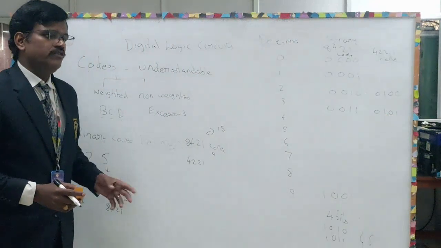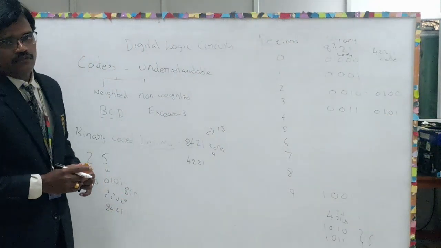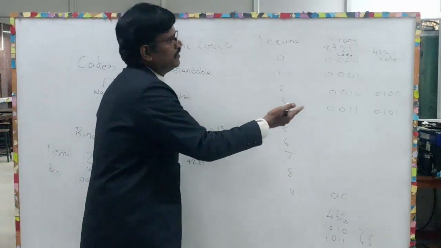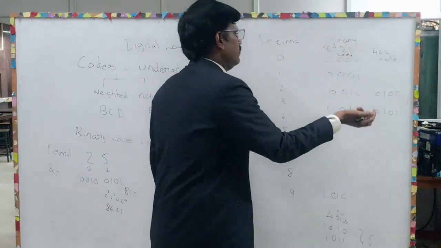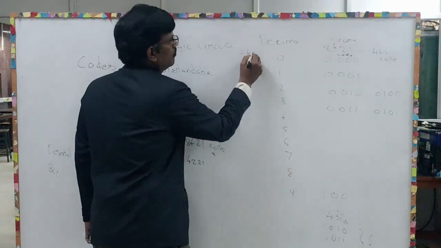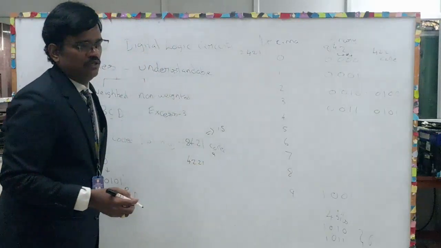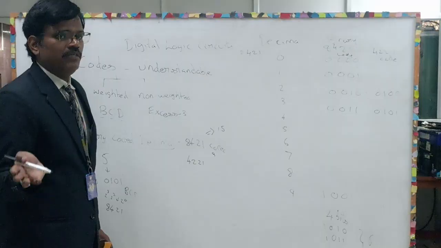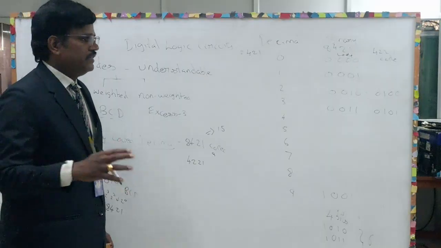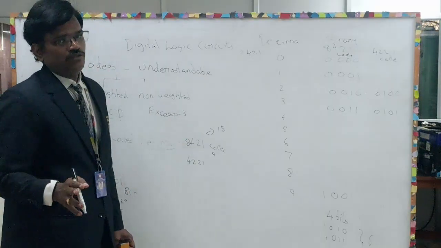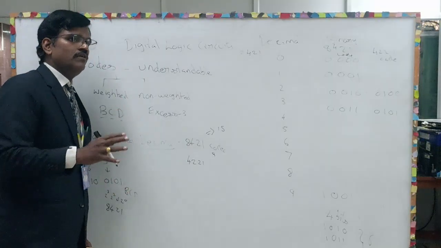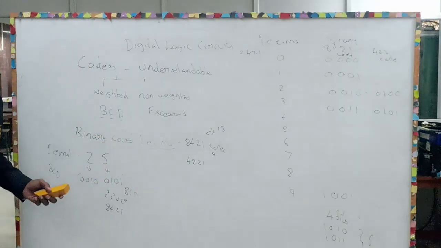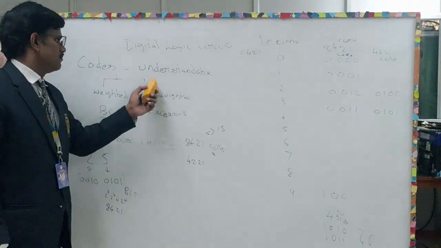This is redistributed BCD 4 2 2 1, or we can also have it as 2 4 2 1. Instead of this combination, we can also redistribute as 2 4 2 1, in such a way that we do not have any unused combination. We have multiple representations, but there is not going to be any unused combination. So, all the numbers will be made available, we can use them, and that is what we have as BCD. This is a weighted code.